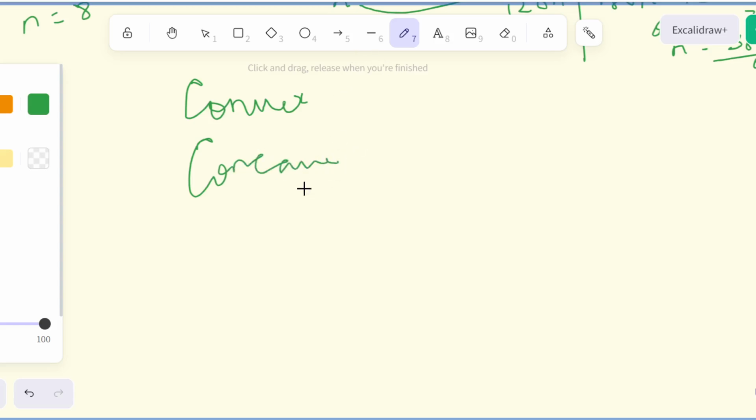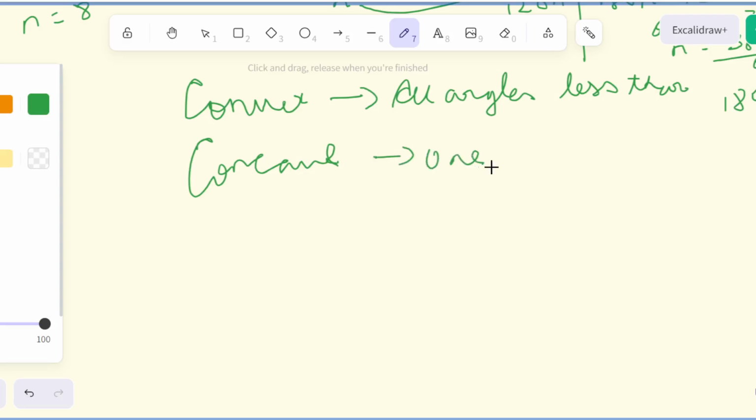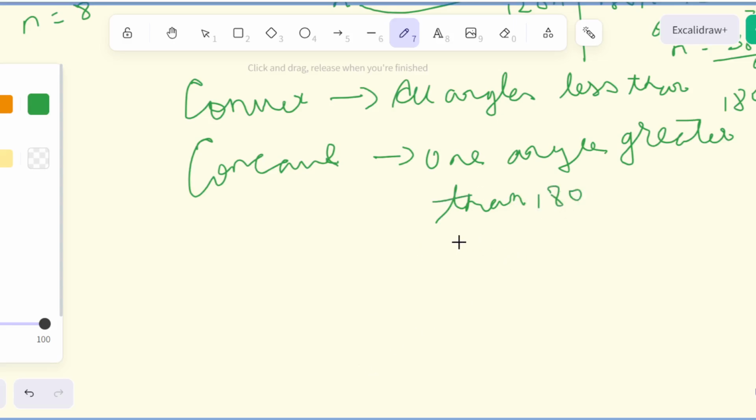So convex means all angles less than 180. Concave means any one angle greater than 180. I'll show you. Let me take it like this.